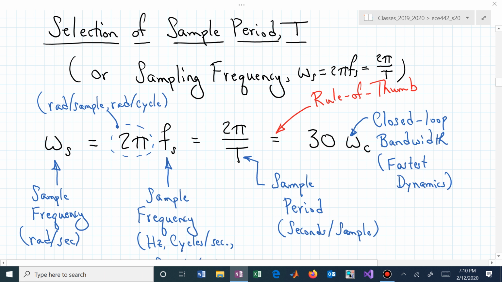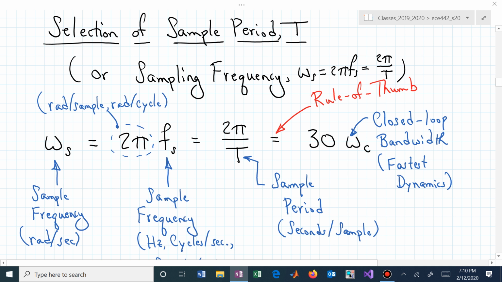That then also, once you know the sample frequency in hertz or cycles per second, you could actually rewrite that in terms of the sample period, capital T. You know those two are reciprocally related. Now you have an expression that relates the sample frequency in radians per second to the sample period, and it's just omega sub s is 2 pi over T. That expression now can be used to help you select capital T.